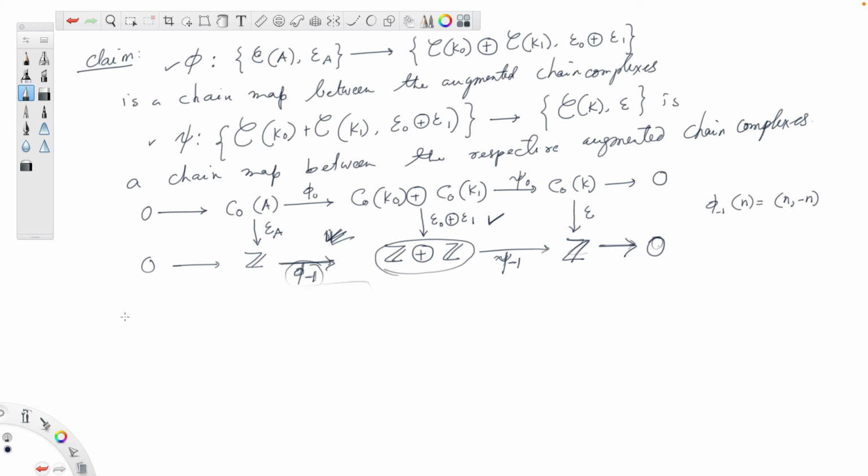So we need to prove that epsilon composed with psi 0 is equal to psi minus 1 composed with epsilon 0 direct sum epsilon 1.